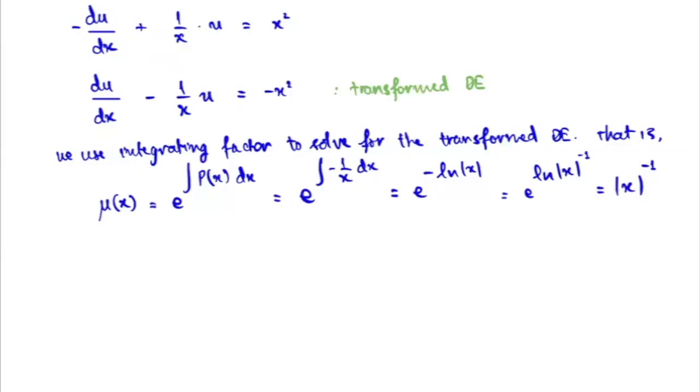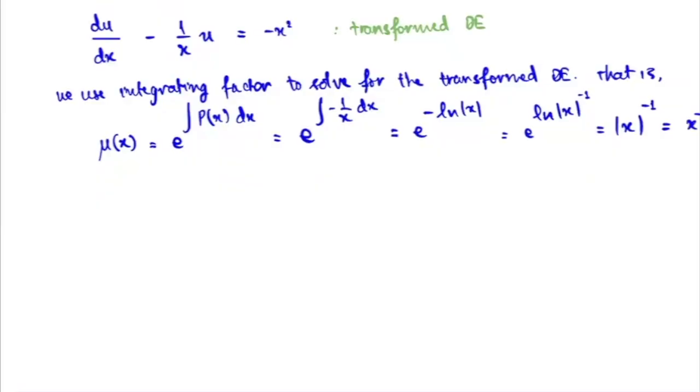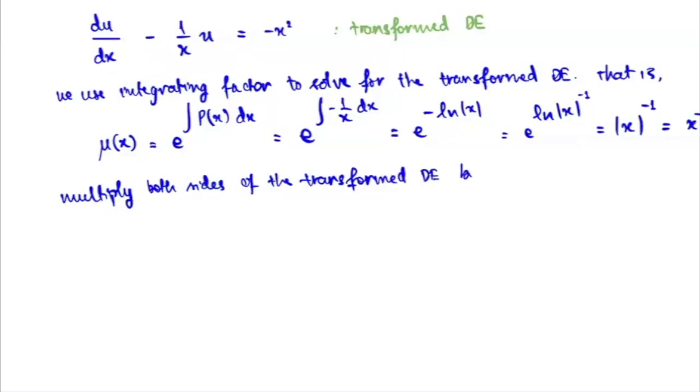So in this case, you have an absolute value, but bear with me here. You're going to drop the absolute value. I'm going to explain in a minute why that is the case. Now what you do is multiply this integrating factor on both sides of the transformed differential equation, by mu of x equal to x to the negative 1.